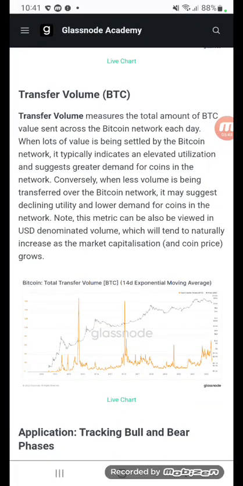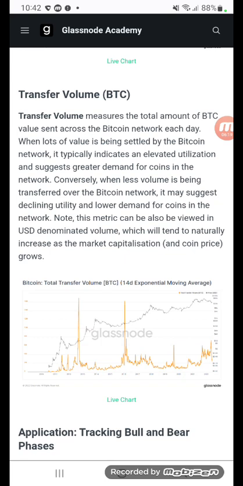Transfer volume: BTC transfer volume measures the total amount of BTC value sent across the Bitcoin network each day. When a lot of value is being sent over the Bitcoin network, it typically indicates elevated utilization and suggests greater demand for coins on the network.